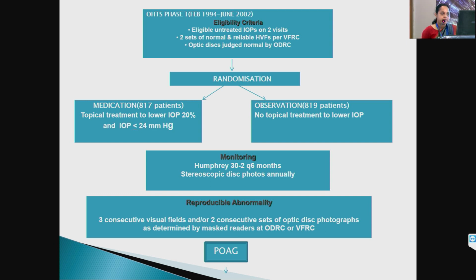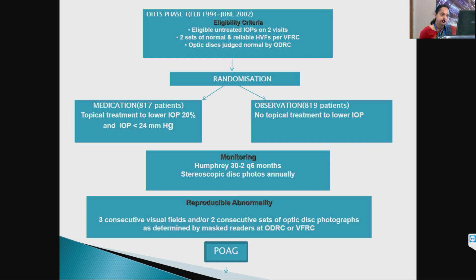Phase 1 was conducted from February 1994 to June 2002, and patients were randomized to a medication group, where IOP was lowered by 20% and to equal to or less than 24 millimeters. Patients were treated with anti-glaucoma medications according to the clinician's preference.